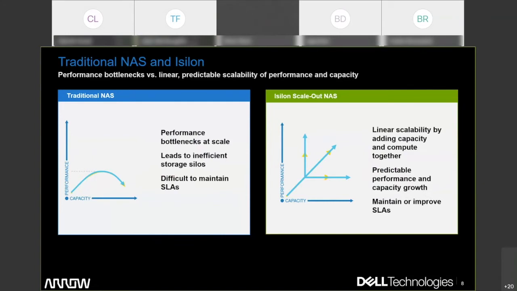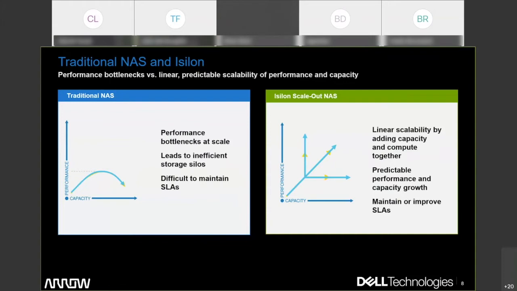So you've got some volumes that are really being consumed, and then you've got other parts of your storage environment that are not being utilized to capacity. The result is that it becomes difficult to maintain your performance SLAs, and you also don't have balanced resources.